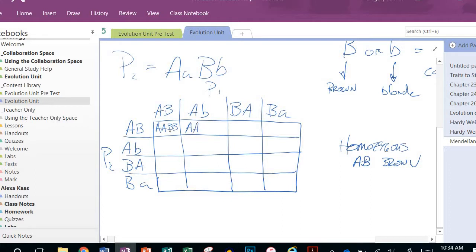Okay, in this case, we're going to combine the B's. Remember, the dominant always gets written first. So capital B and small b, this child is still going to be brown and brown. Second pairing, again, we're going to combine the two letters together again, A, B, B, homozygous dominant.